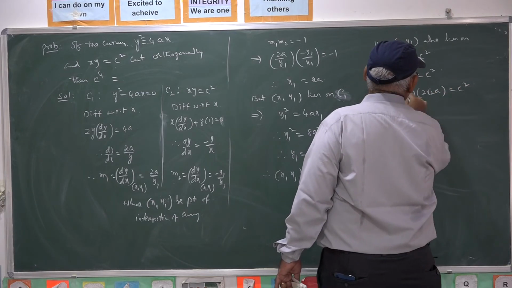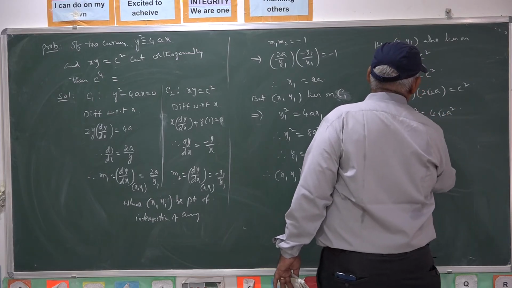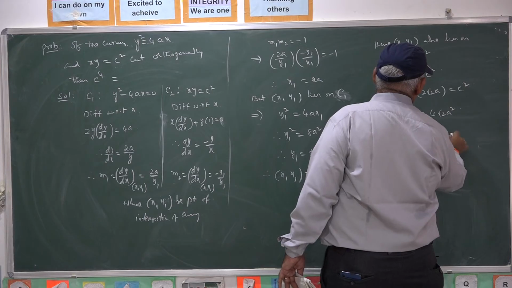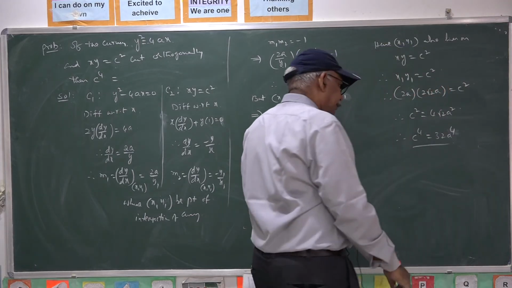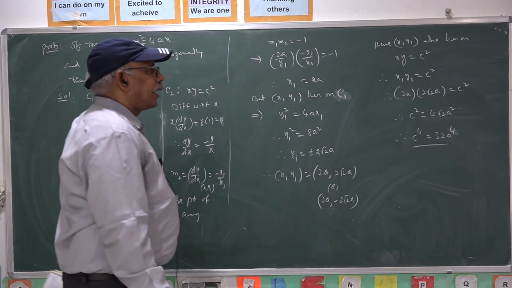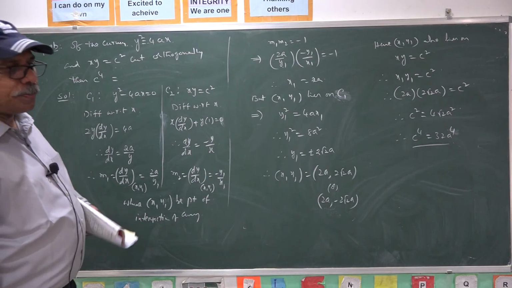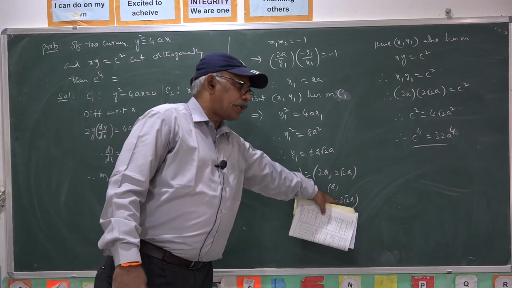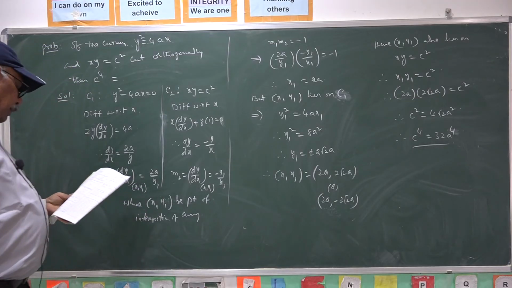Therefore, c square takes the value 4 root 2 a square, or c power 4 equal to 16 into 2, that is 32 a power 4. This is the condition. C power 4 is 32 a power 4. Even if you take the other point, you get the same result.